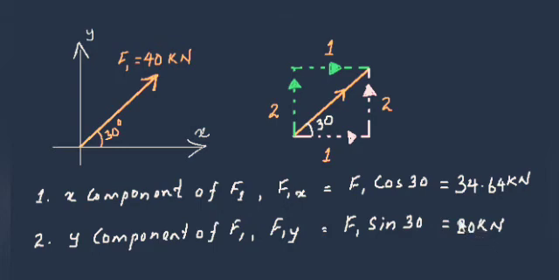So it is as simple as that. Just take the cos component of the angle, multiply with the force, and you will get the x component of the force, and take the sine of the angle, multiply with the force, you will get the y component of the force. The resultant of these two forces will be 40 kilonewton acting at 30 degree.